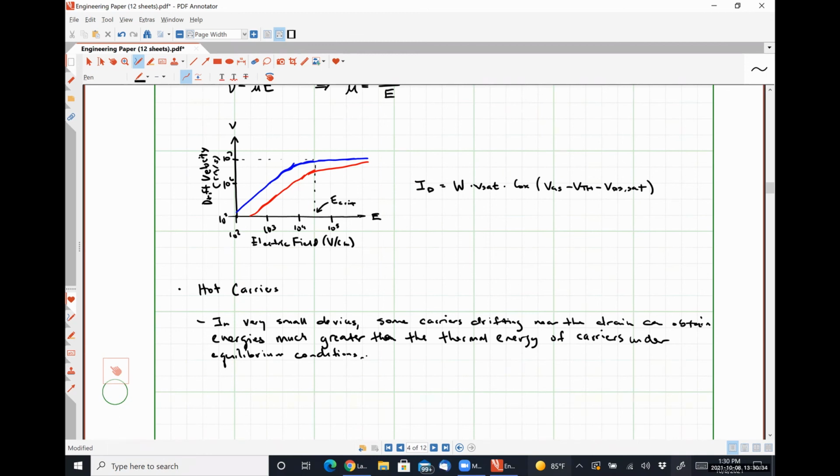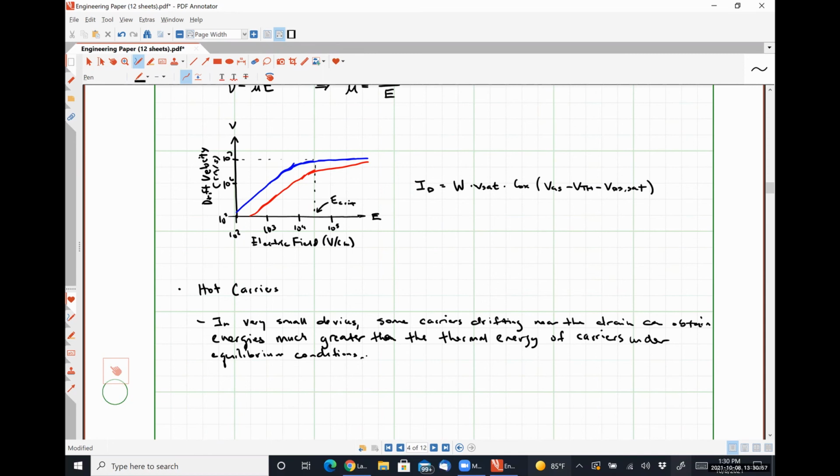Okay, so those are two different effects related to hot carriers. Think about it as avalanche breakdown for transistors as opposed to avalanche breakdown for a PN junction. We get a cascade of effects that ultimately wind up causing the device to overheat and destroy itself.